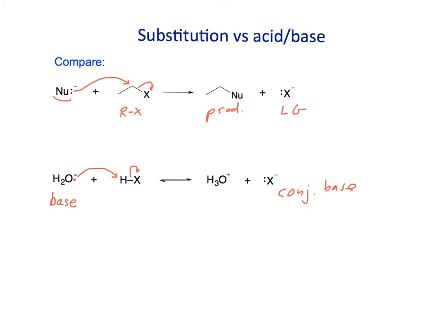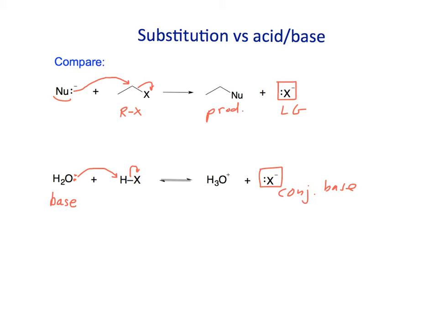All right, so notice that this X minus in the top reaction, in the substitution reaction, is playing very much the same role as the conjugate base in the acid-base reaction.